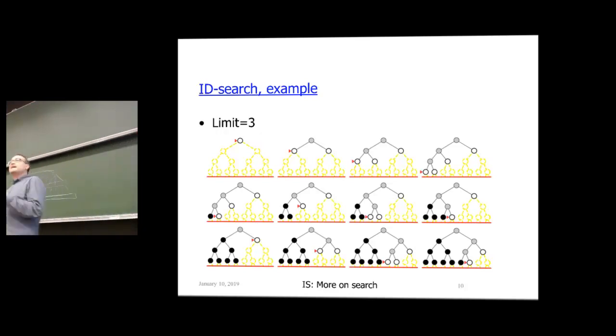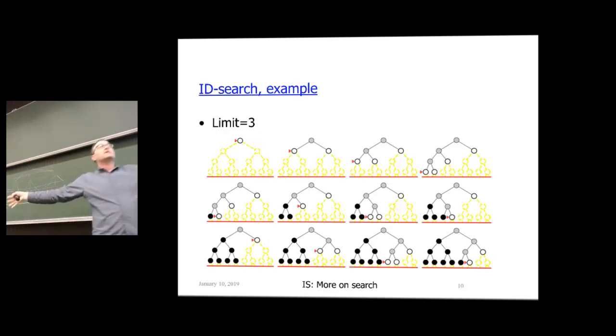Yeah? So basically, because of the exponential property of this down layer, only keeping the down layer in memory is already exponential. So I can't even keep this down layer in memory if I go a little bit deeper.